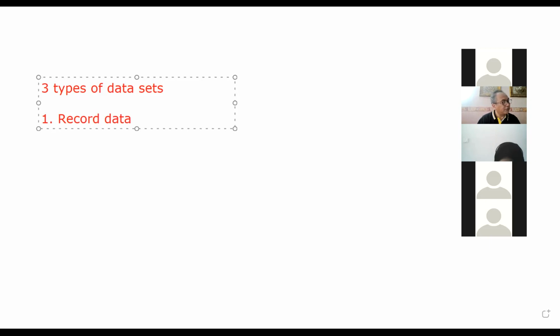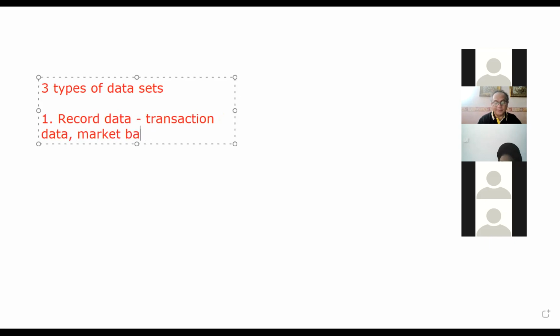Examples of record data: transaction data, market basket data, data matrix, sparse data matrix. Those are record data. What is market basket data?